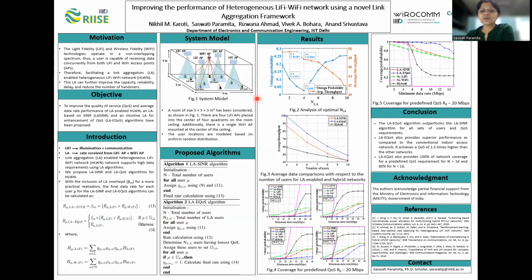Using the exhaustive search, we found that if 4 link aggregated users are chosen for a total of 10 users, NLA value equal to 4 provides the lowest outage rate and outage probability and a higher maximum average throughput. Therefore, in this way, we have decided for different total numbers of users and NLA combinations to analyze these two algorithms.